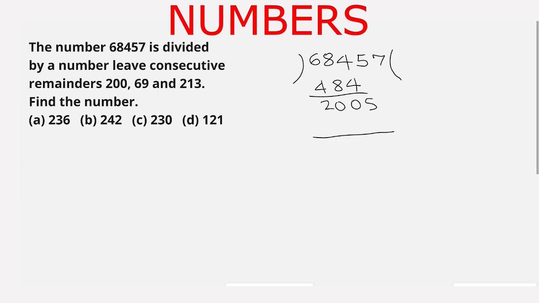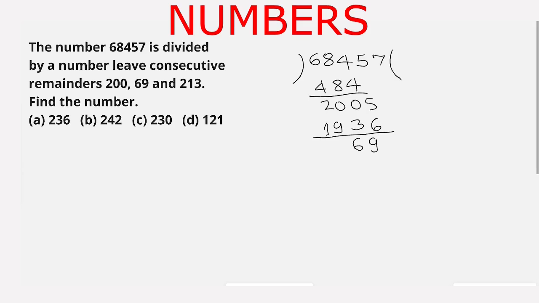And the second consecutive remainder is 69. So we subtract 69 from 2005, and we get 1936. Or we can say, on subtracting 1936 from 2005, the remainder is 69.